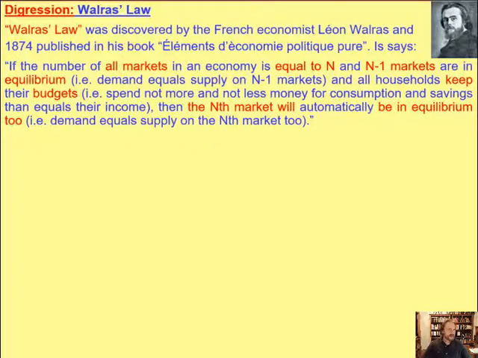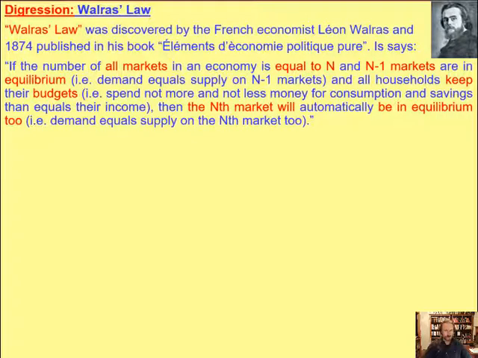It says, if the number of all markets in an economy is equal to, let's say, n, an arbitrary number, and n minus 1 markets are in equilibrium, which means demand equals supply on n minus 1 markets, and all households keep their budget constraints, which means spend not more and not less money for consumption and savings than equals their income, then the nth market will automatically be also in equilibrium.